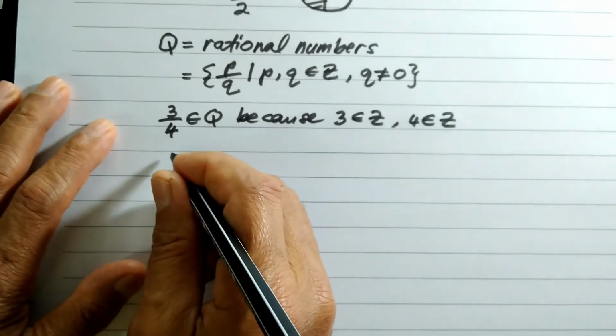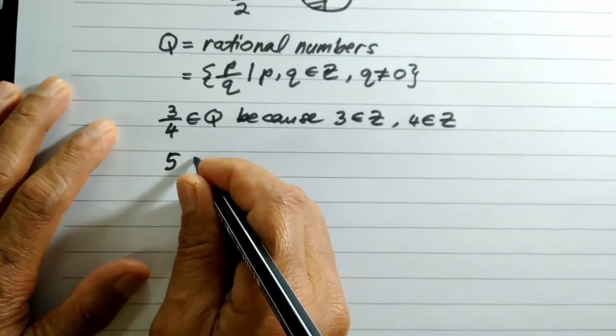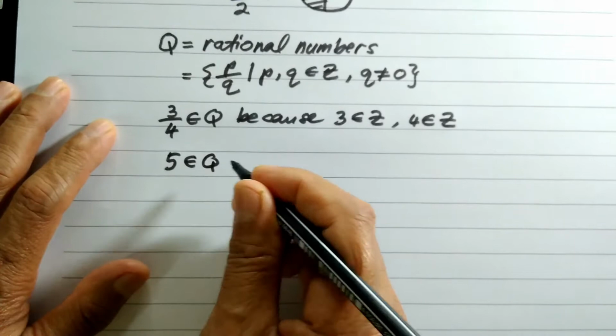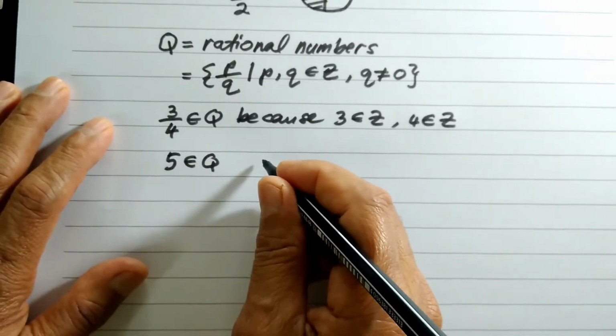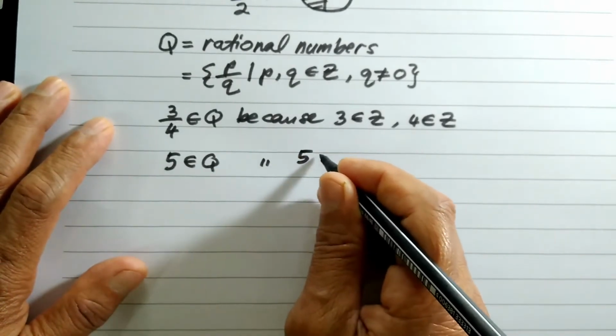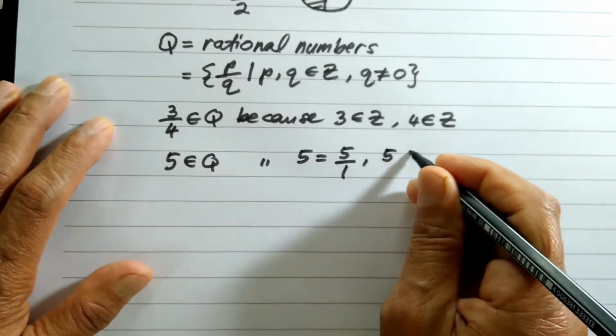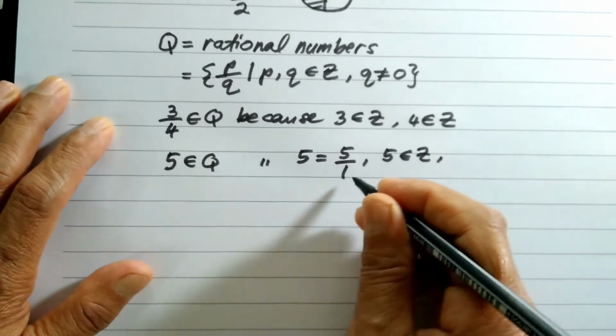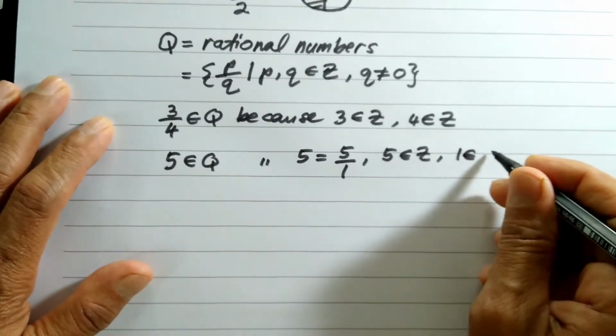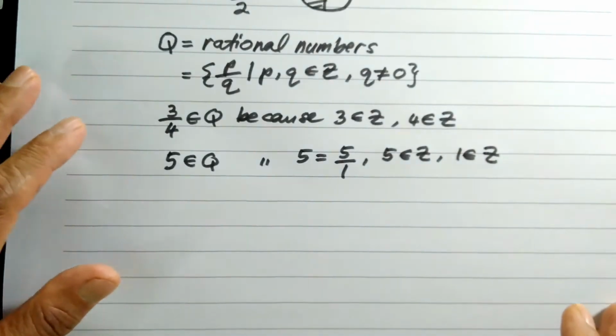Okay, a number like 5, for example. Now, is this number rational? The answer is yes, because 5 can be written as 5/1, where 5 is an integer and 1 is also an integer, right?